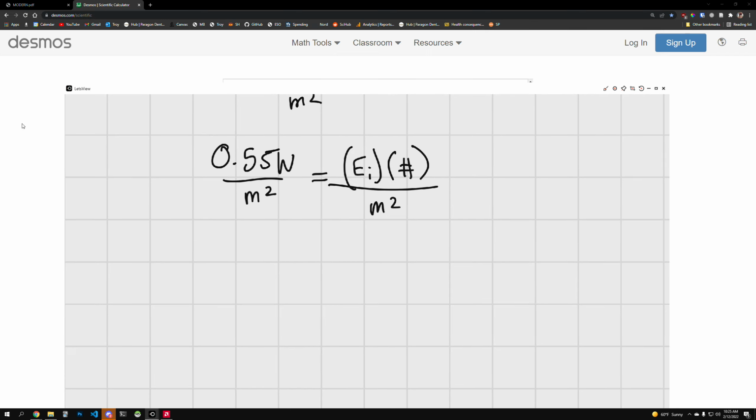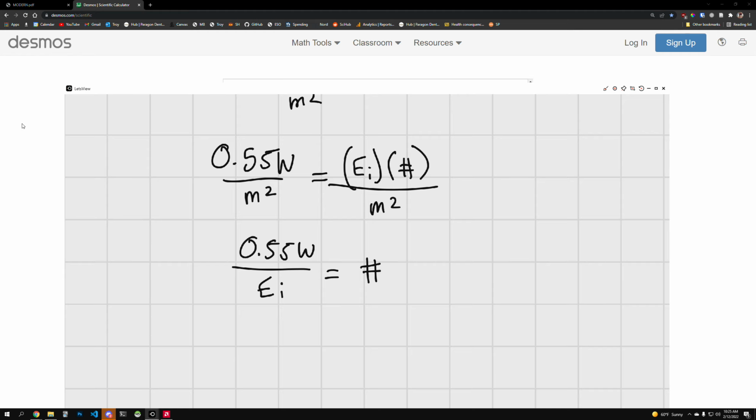So now we can just solve for the number, I believe. So 0.55 watts over EI is equal to number.